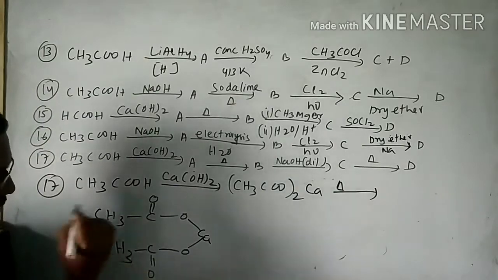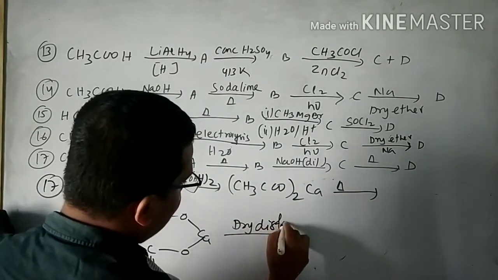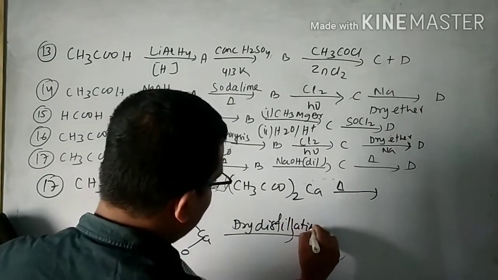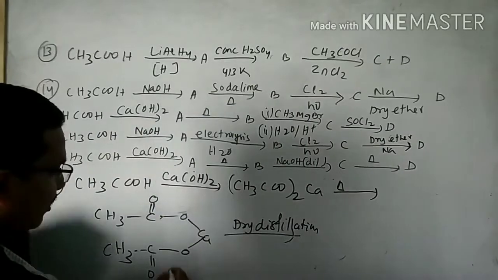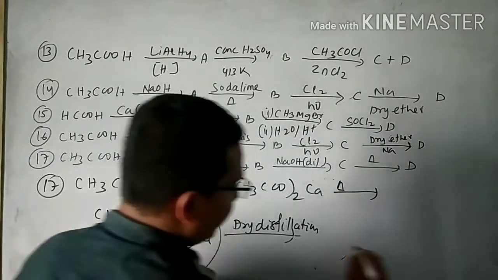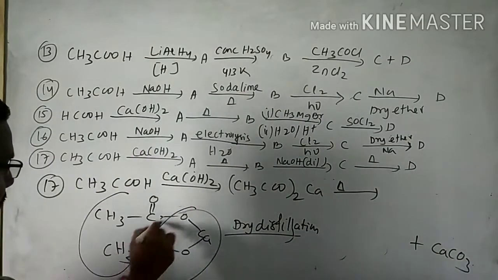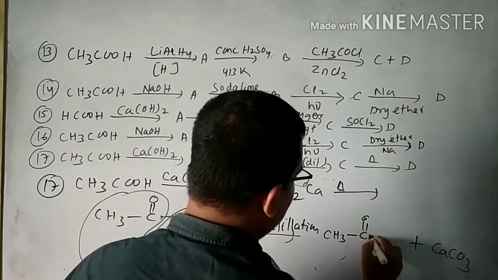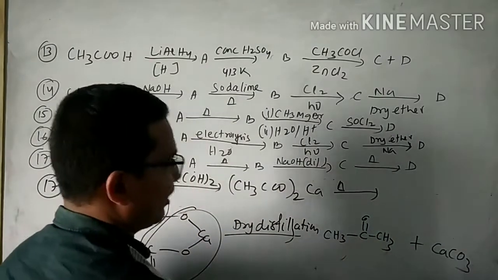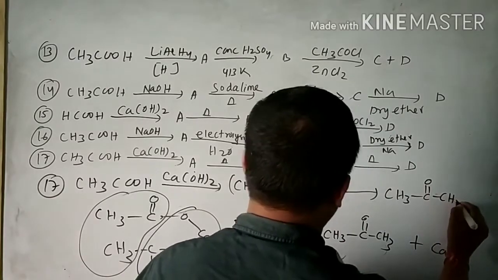When the calcium salt of acetic acid undergoes dry distillation, calcium carbonate will be formed as a byproduct, and the remaining is acetone. That means you can write CH3 bond C double bond O bond CH3.